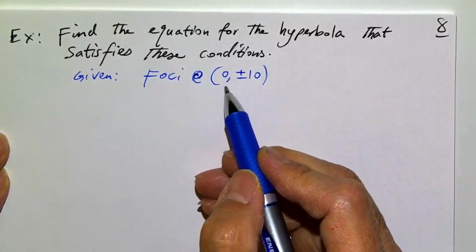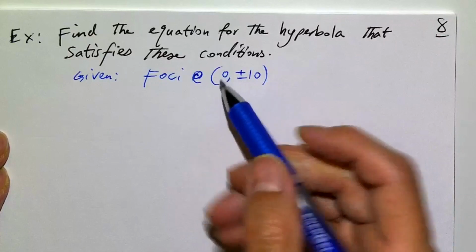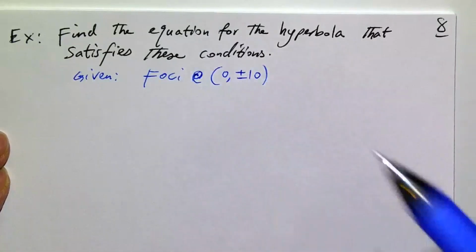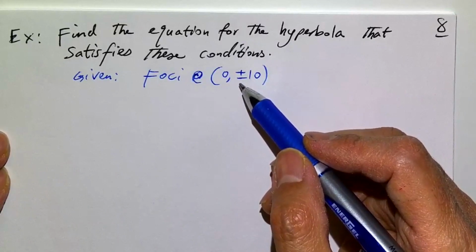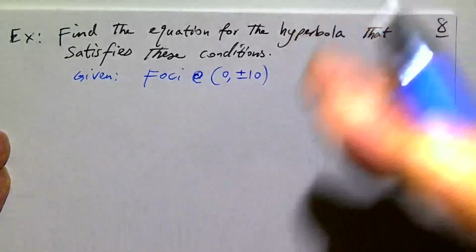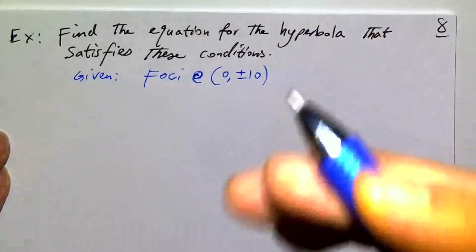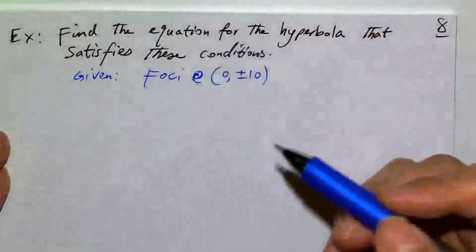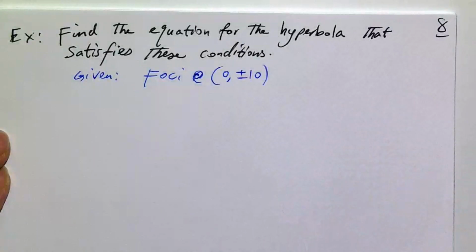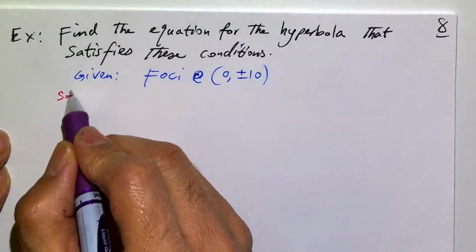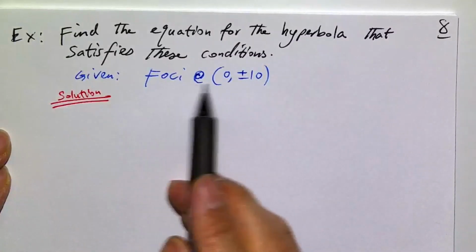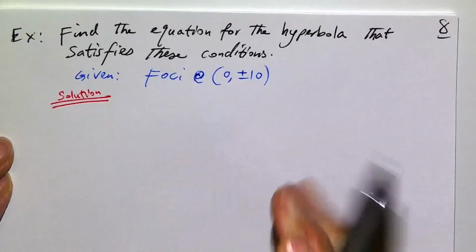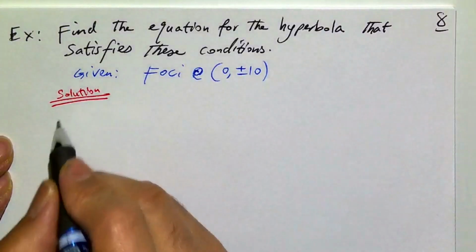Right from the start, this is pretty important information, right? Because the foci are always on the same axis for a hyperbola as the vertices are. So if the foci are on the vertical axis, then the vertices are on the vertical axis. So this is a vertical hyperbola, which tells us that the equation has to be of this form.